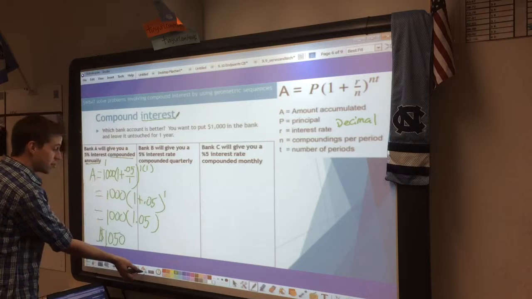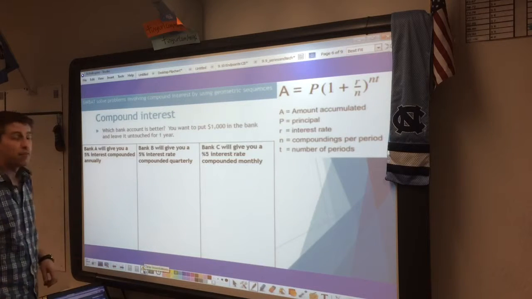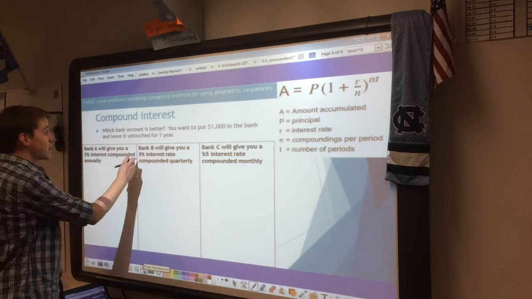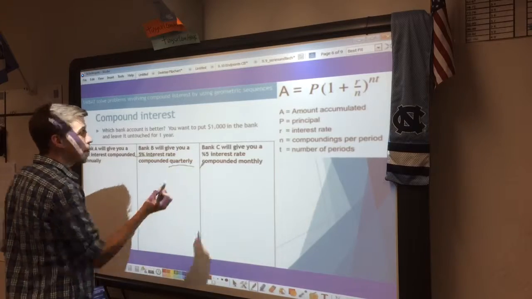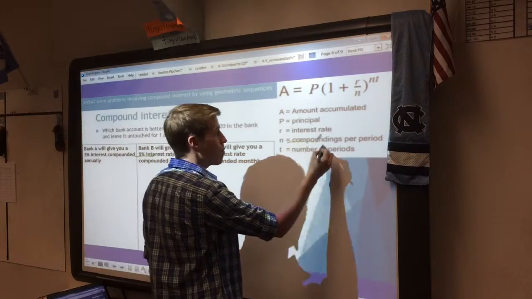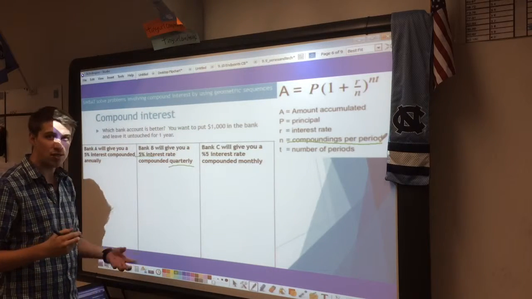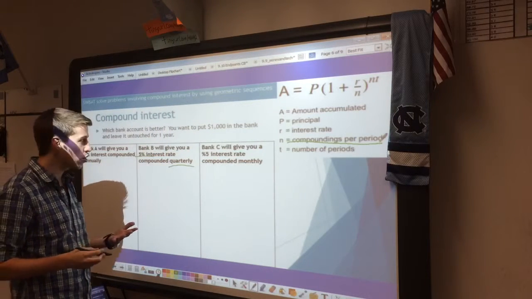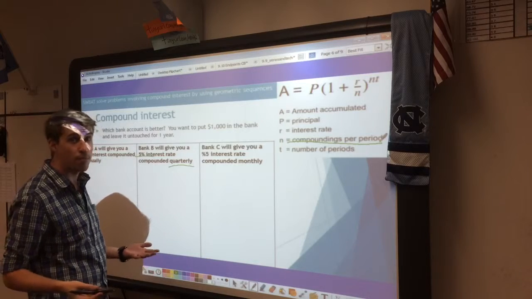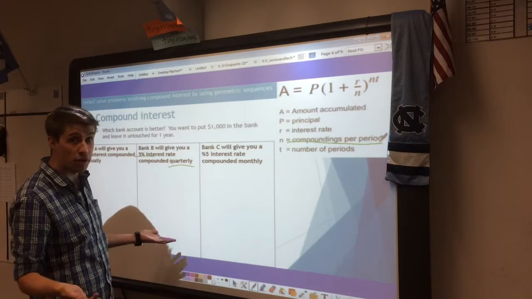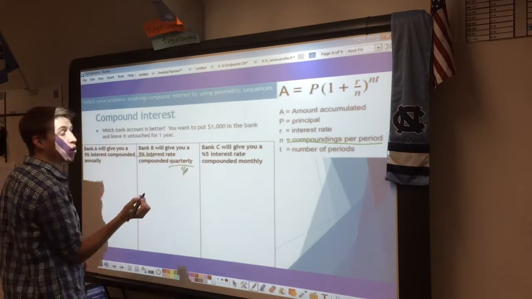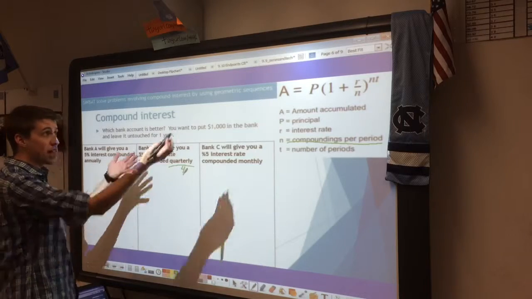Okay, I'm going to delete this. Let's look at Bank B. We'll still give you a 5% interest rate, but now it's compounded quarterly. So compoundings per period is no longer 1, because quarterly sounds like quarters. There are 4 quarters in a dollar, or 4 quarters in a game if it has 4 periods. So that means 4. So let's set up the same thing.